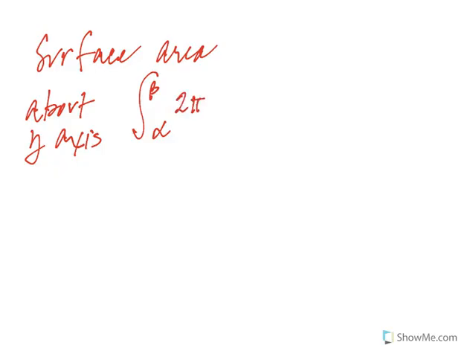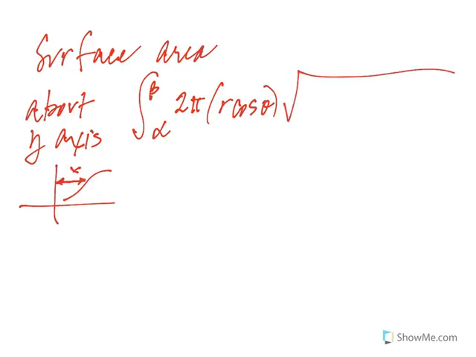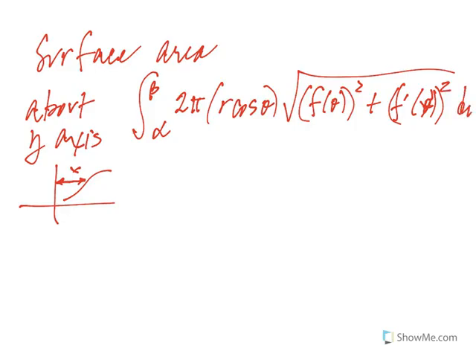That is going to be 2 pi. Now, if you're going around the y-axis, your radius there is nothing more than x. And x, if you recall, is r cosine theta, times then the square root of what you had before. This is f of theta, the quantity squared, plus f prime of theta, the quantity squared d theta.